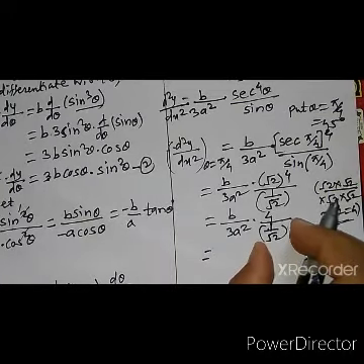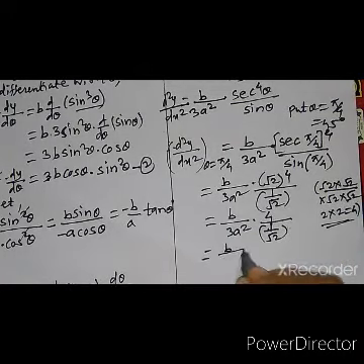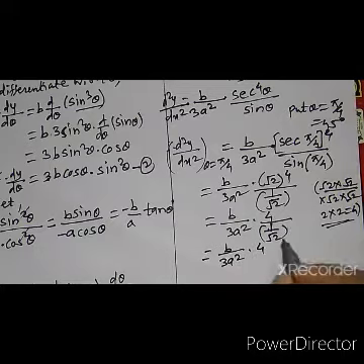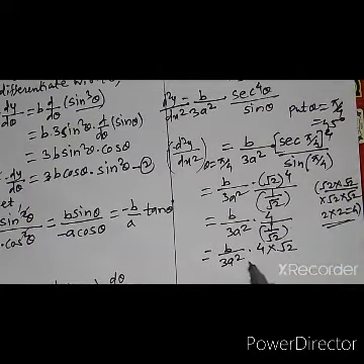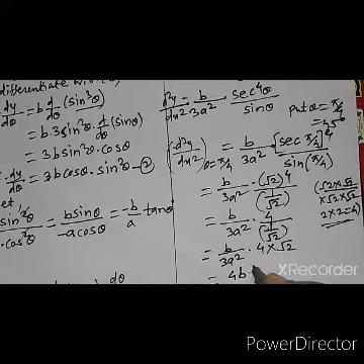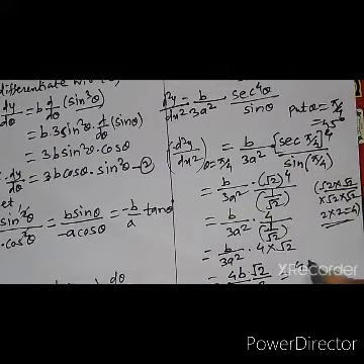So we can write the multiplicative inverse of 1 upon root 2: b upon 3a square into 4 into root 2. So here we got 4 root 2 b upon 3a square.